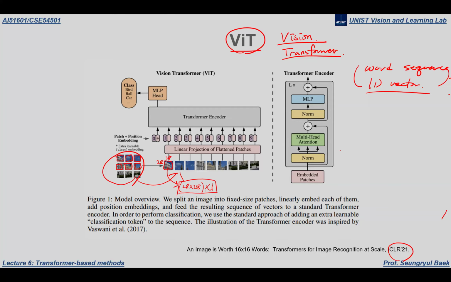By flattening 2D patches into vectors, we can supply them as the input to the transformer. That's how the Vision Transformer inputs images into the transformer.